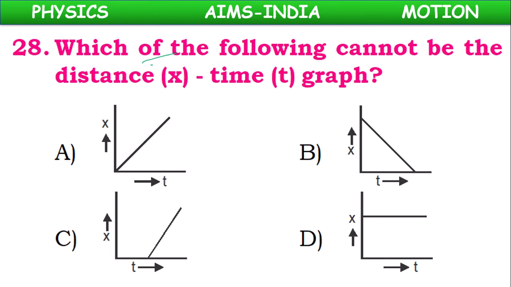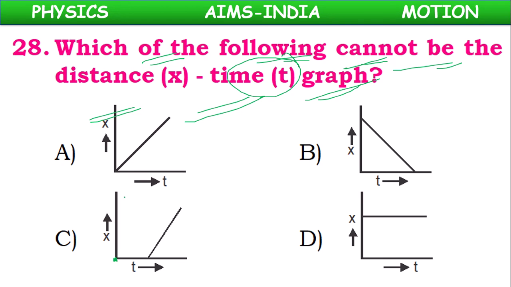Next one. Which of the following cannot be the distance time graph? Distance time graph means the time should start from 0, because the distance covered by the body will be calculated from the starting point.